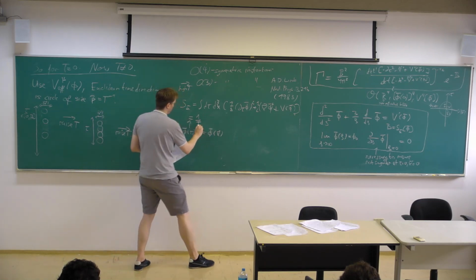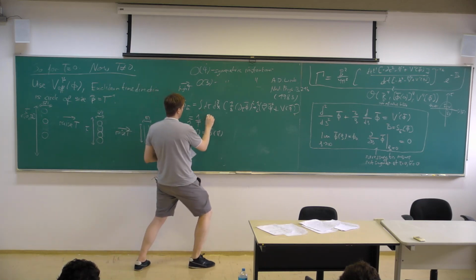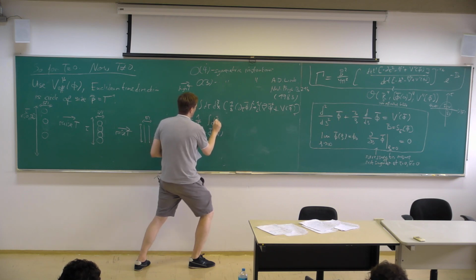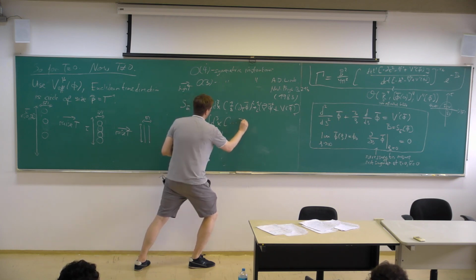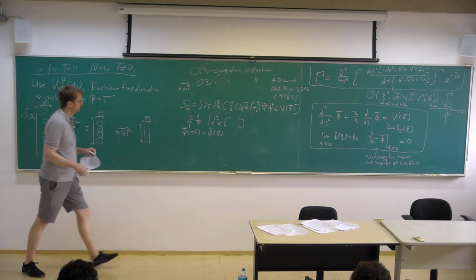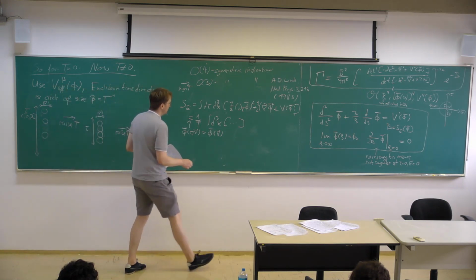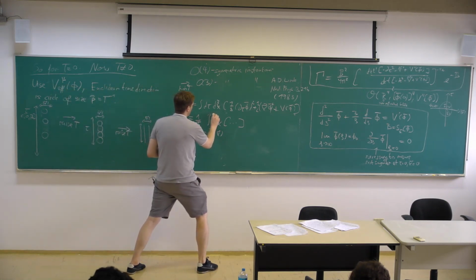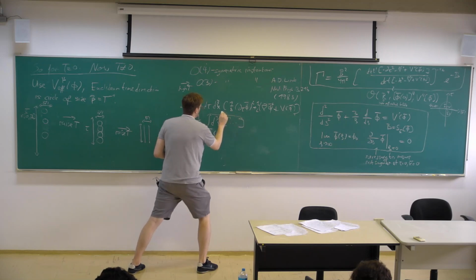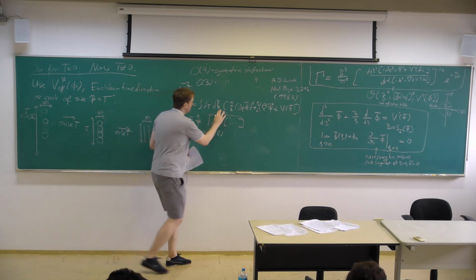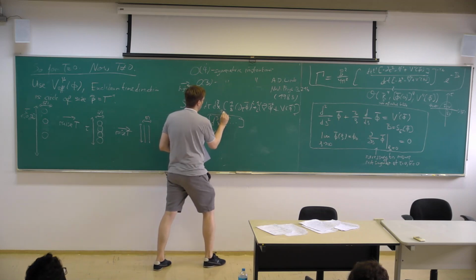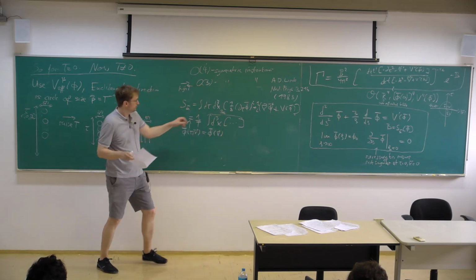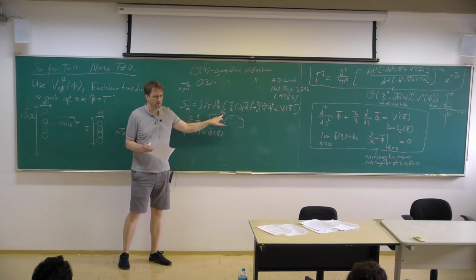You get a factor 1 over T from this time integral, and then d^3x, everything else. Let me call this, for convenience, S3. So this is just this three-dimensional integral. It's a Euclidean action, but just evaluated for this three-dimensional profile.